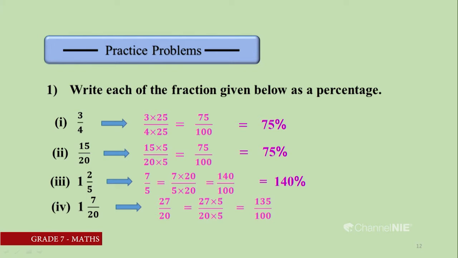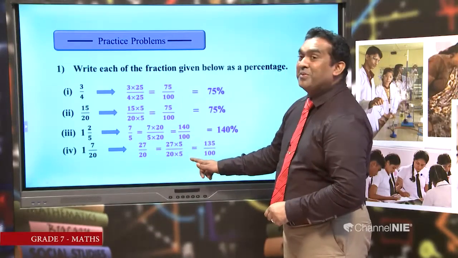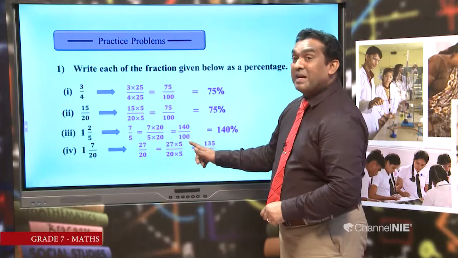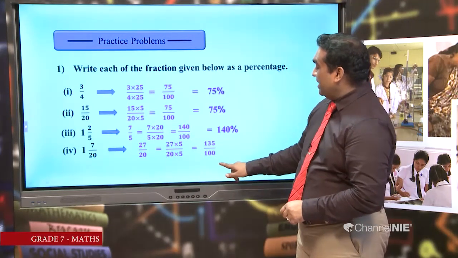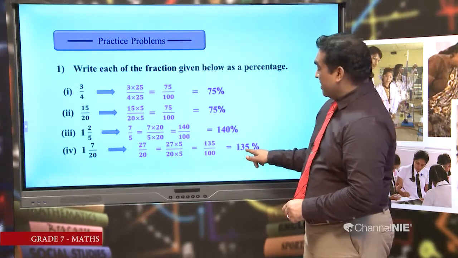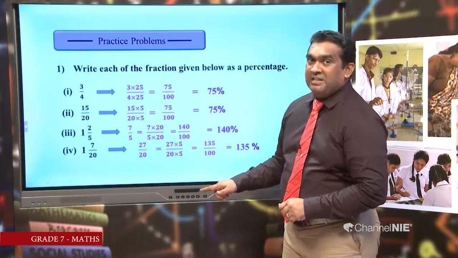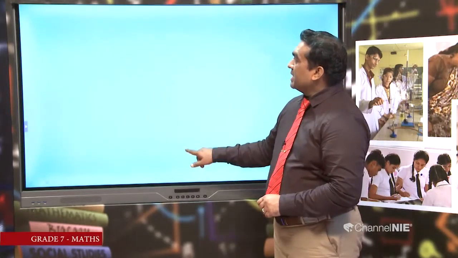Therefore, this is very, very easy. 20 multiplied by 5, 27 multiplied by 5. Now, 135 over 100. Now, this is read as 135%.